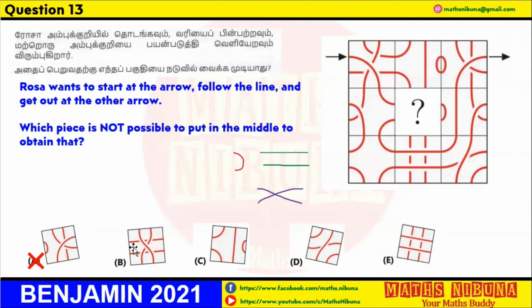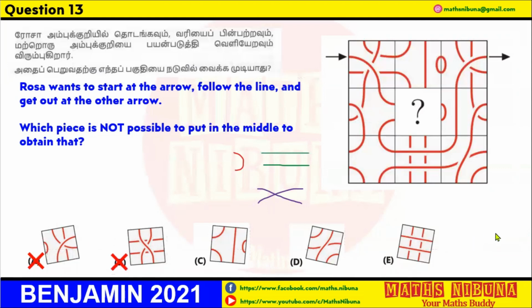B going straight. Okay, so go straight. Maybe she can go straight. I will put that it can go straight, come back, then turn back, and she can come out. That means the straight line, like the green one. That means B is also possible.